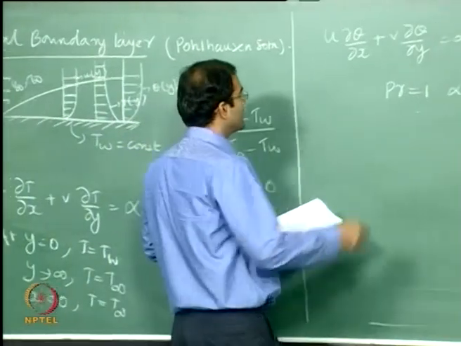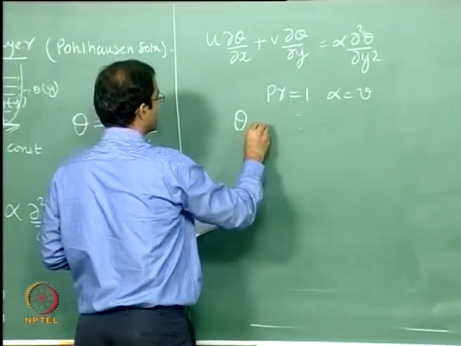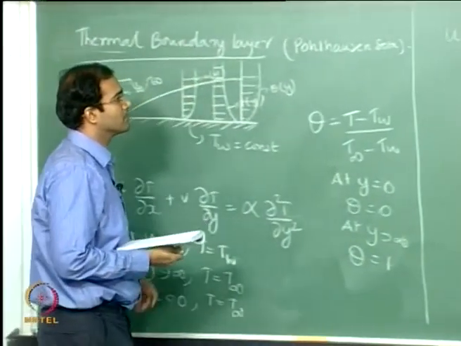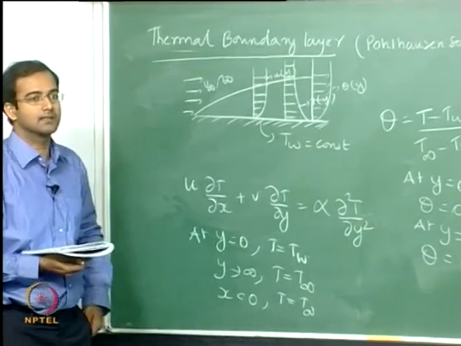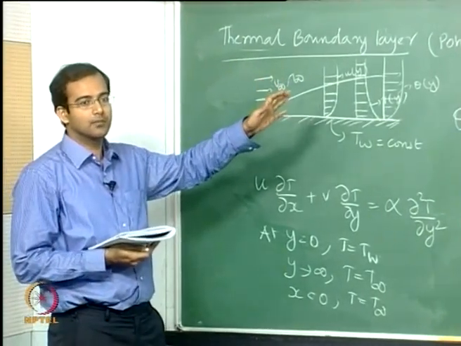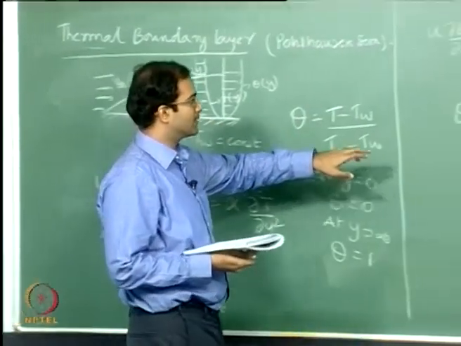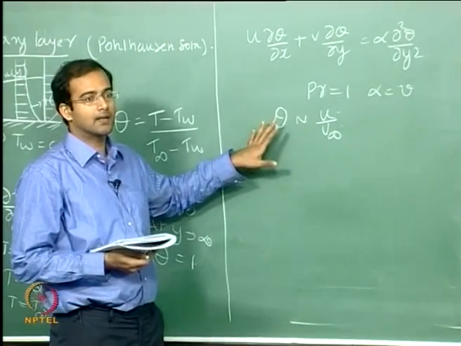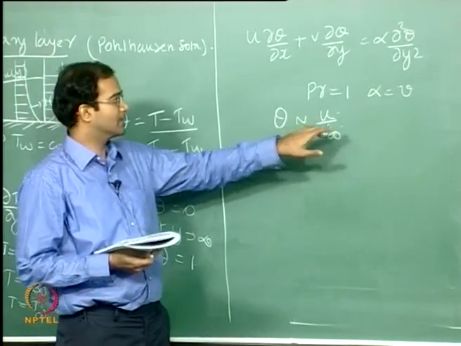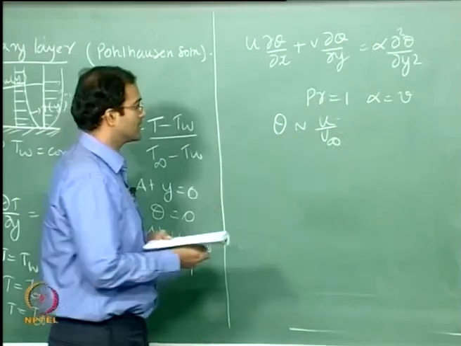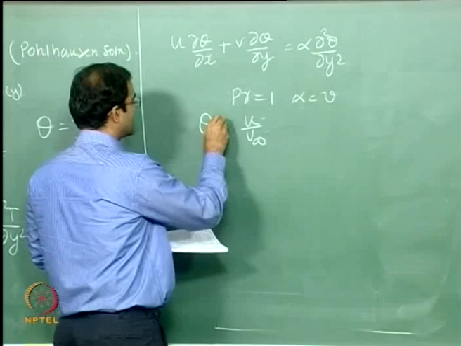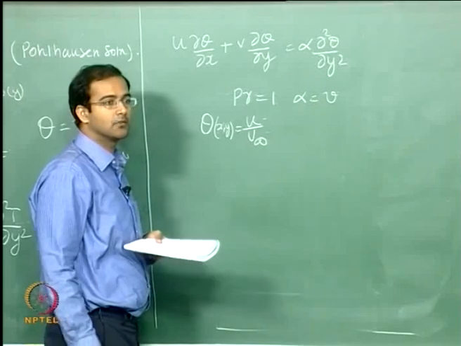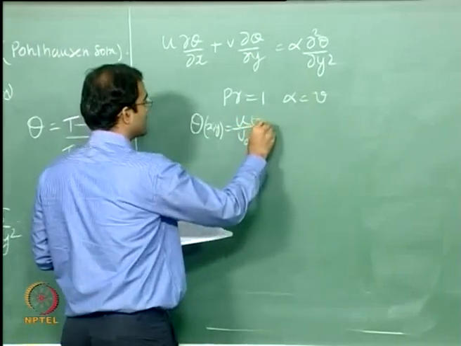And I just replace my theta with u by u infinity. So what do you find? This is exactly identical to the momentum equation, except that instead of u by u infinity you have theta. Therefore, for this case where the Prandtl number equals 1, the solution for theta as a function of x and y should be exactly identical to u by u infinity as a function of x and y.